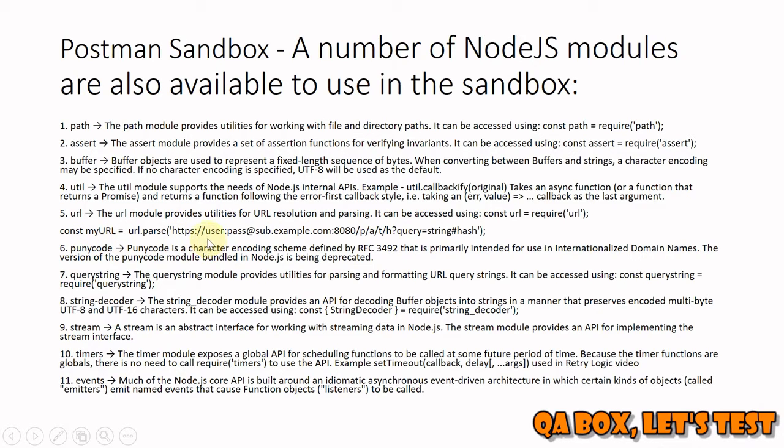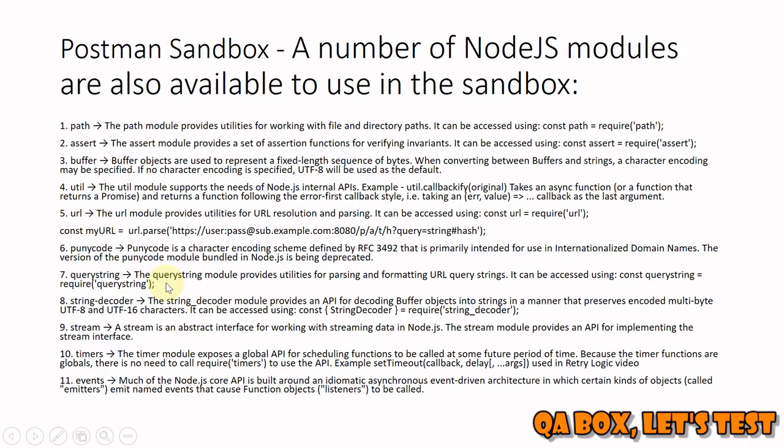For example, the protocol, the authentication, right? This is username and password, and this is a domain, this is a port, and then the path and the query and the hash. So you'll see an object being returned to you. This module is already deprecated. If you go to the Node.js site, you'll see that it's already deprecated. Then punycode: it's a character encoding scheme defined by RFC 3492.